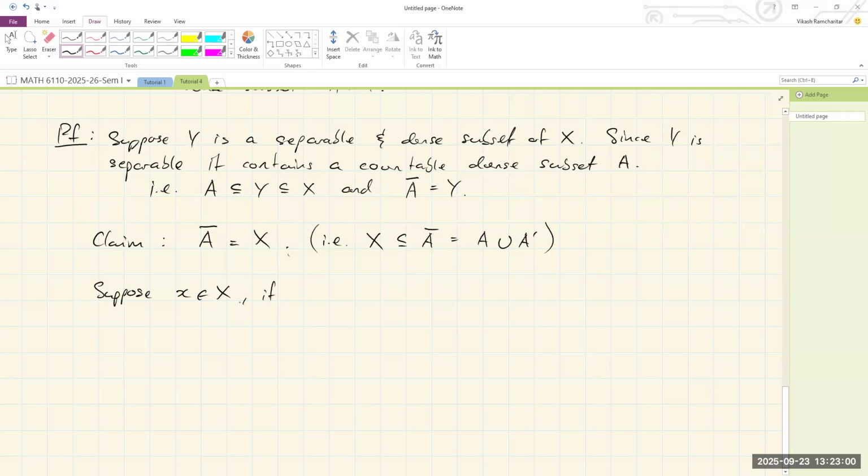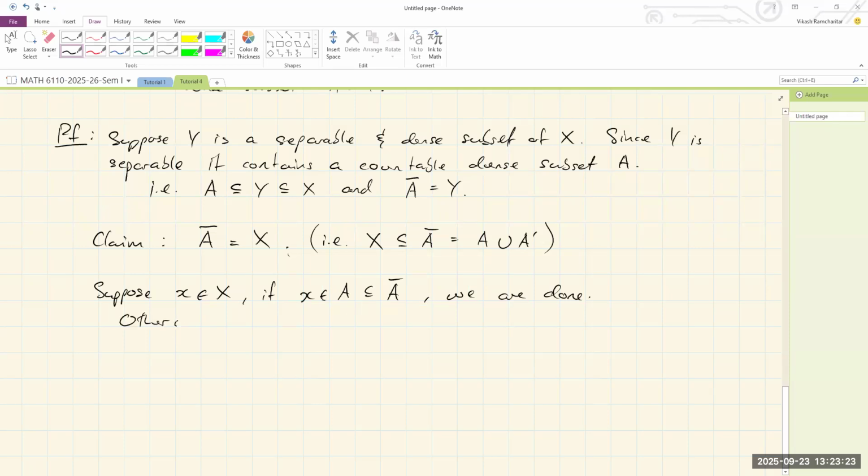So suppose x is in X. If x belongs to A, and A is always in its closure, then we are done. Okay, so if x belongs to A, we're done. Nothing to prove.